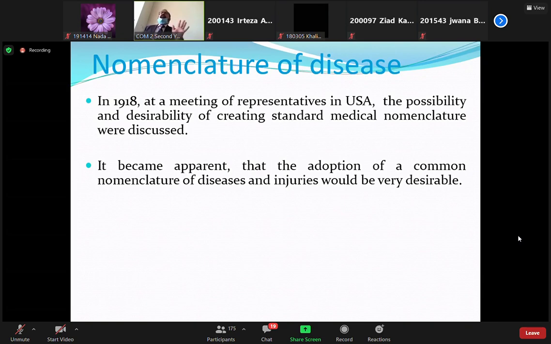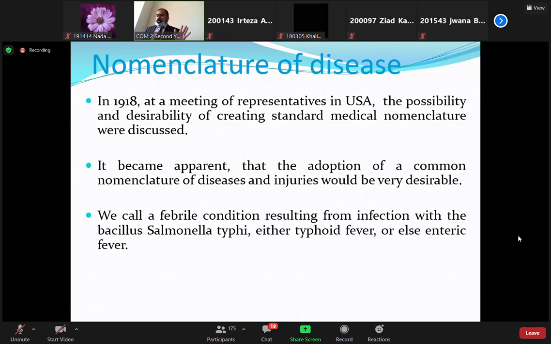So whatever disease is going on, they have a common name for it. They made a nomenclature of the disease. So if you are infected here and now you want to be treated in England or in America or in Japan, and you have a file showing that this patient had enteric fever, wherever you go, every person will know that you have typhoid fever caused by salmonella.